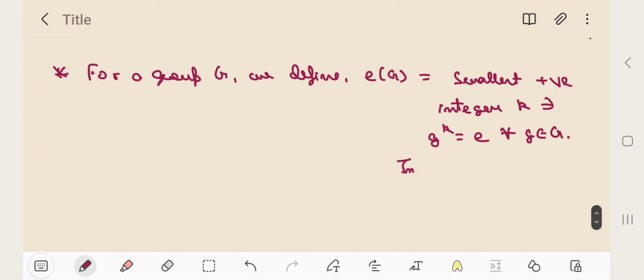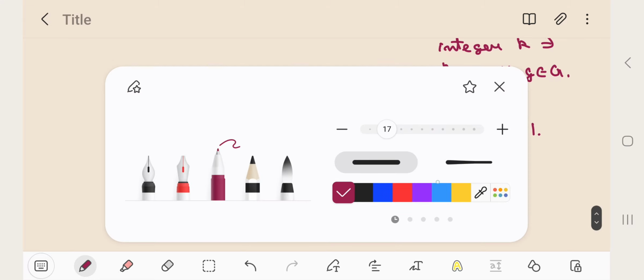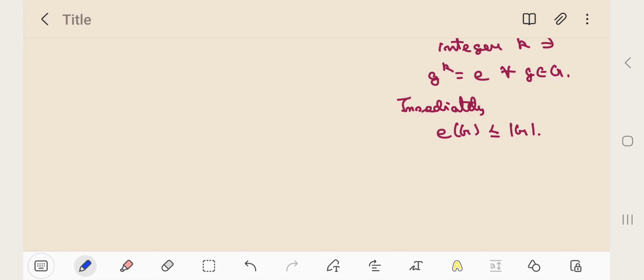So immediately E(G) is less than or equal to the order of G. We will require this to prove this lemma.